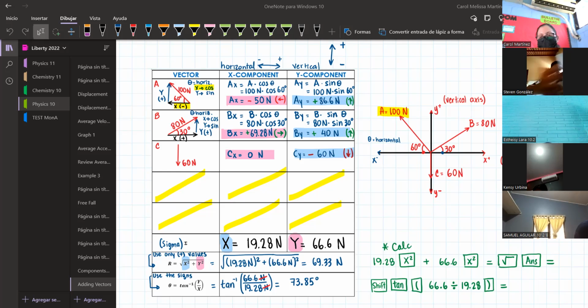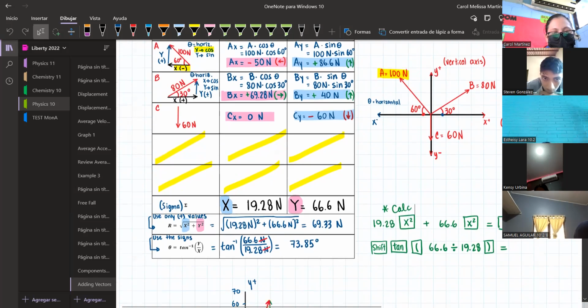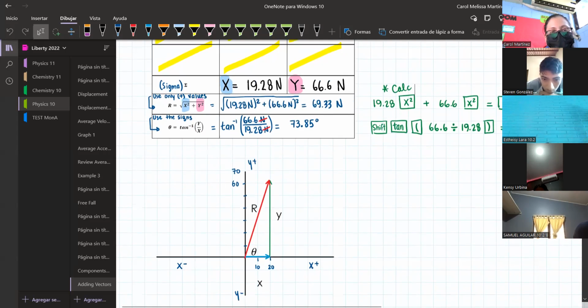Now, I want you to see what this means. In your quiz, it's not necessary that you do this step. Until here, I will check in the quiz. Now, I want you to see what every number means. X is the horizontal component, and it's almost 20 units.